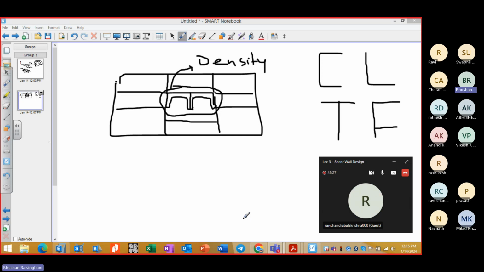If you have not protected the stairwell with the shear walls, then the column will be experiencing that shear force, though you have connected the core of the building.